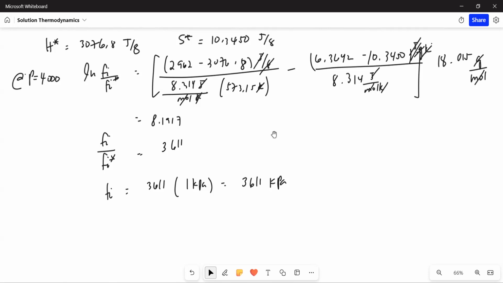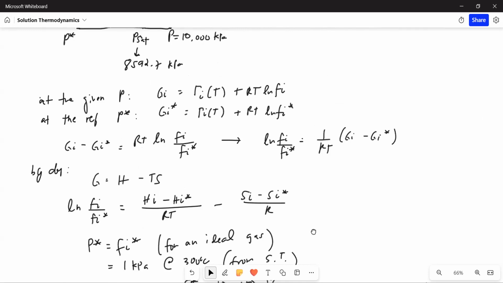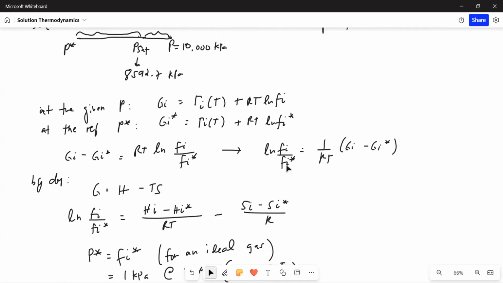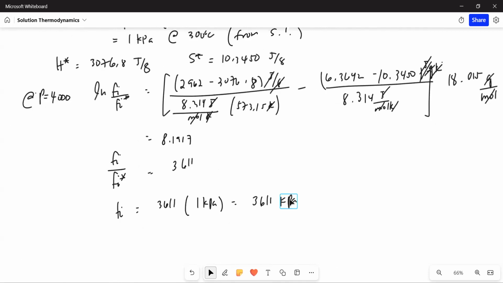Okay, so I hope that's clear. Again, the fugacity is equal to the pressure of an ideal gas which has the same temperature and molar Gibbs free energy as the real gas.